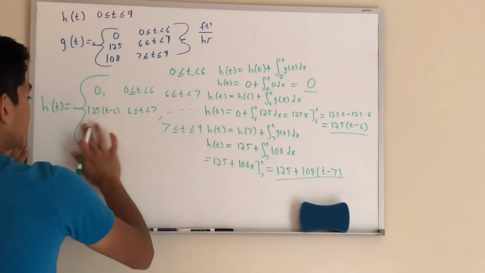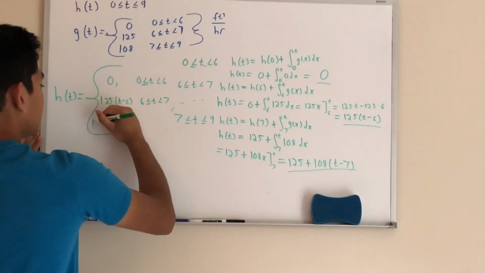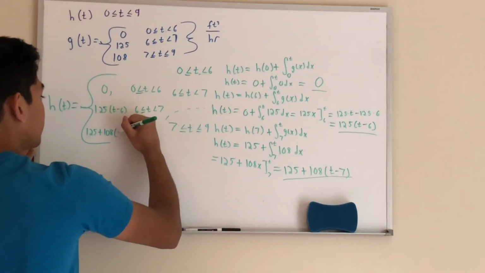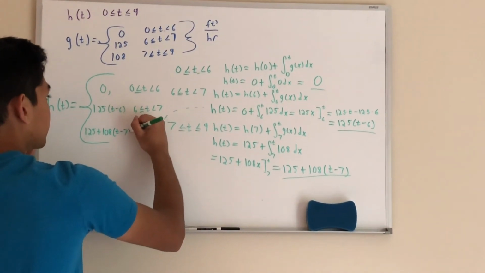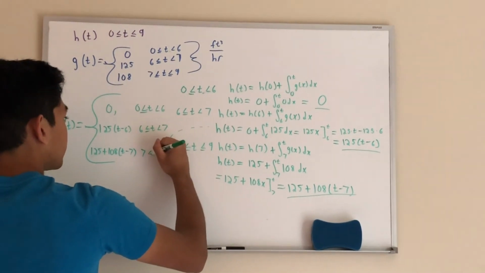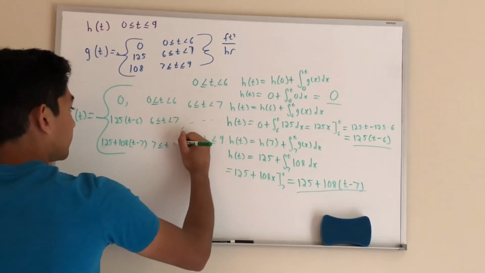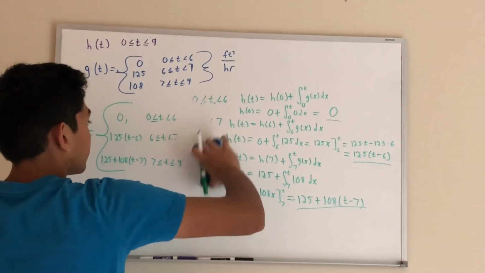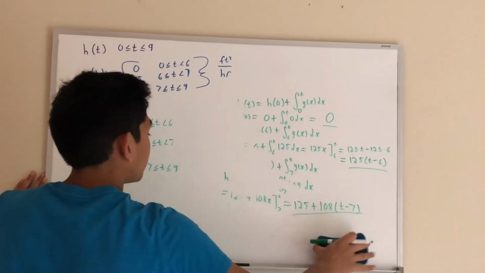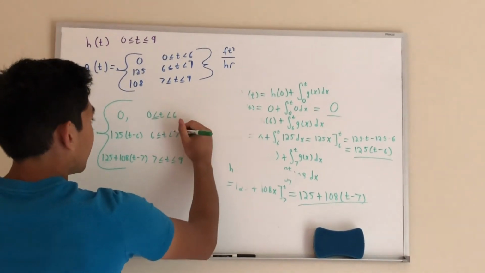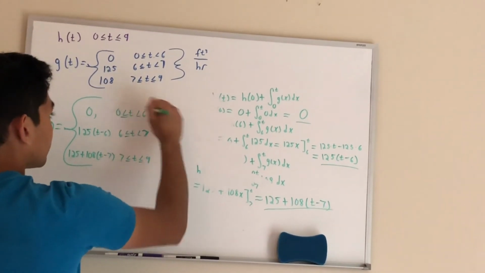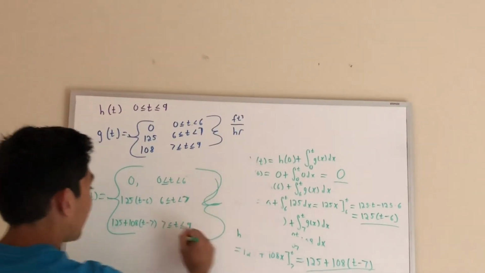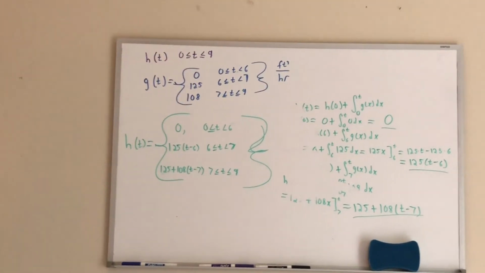And then we take our final value, which is 125 plus 108 times (t minus 7), for t less than or equal to 9. This is our final piecewise function.